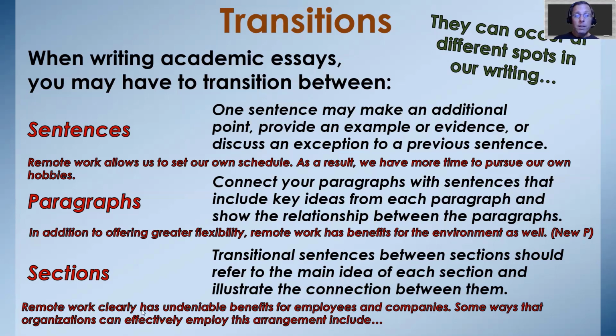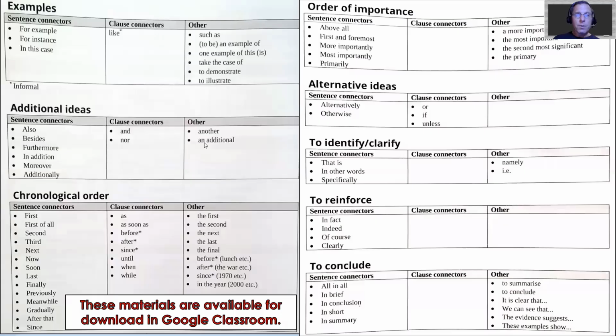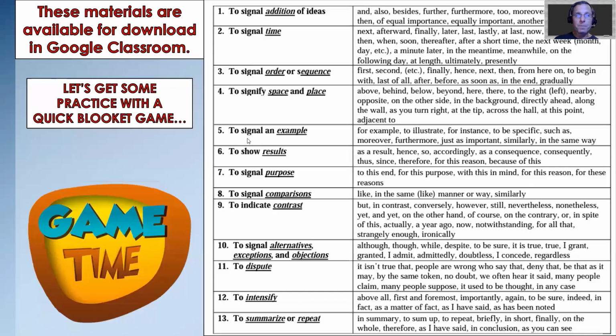Remote work clearly has undeniable benefits for employees and companies. Some ways that organizations can effectively employ this arrangement include... So you're alluding to the fact that there are benefits, which hopefully were discussed extensively in the previous section, and now you're going to talk about how businesses can implement these arrangements.